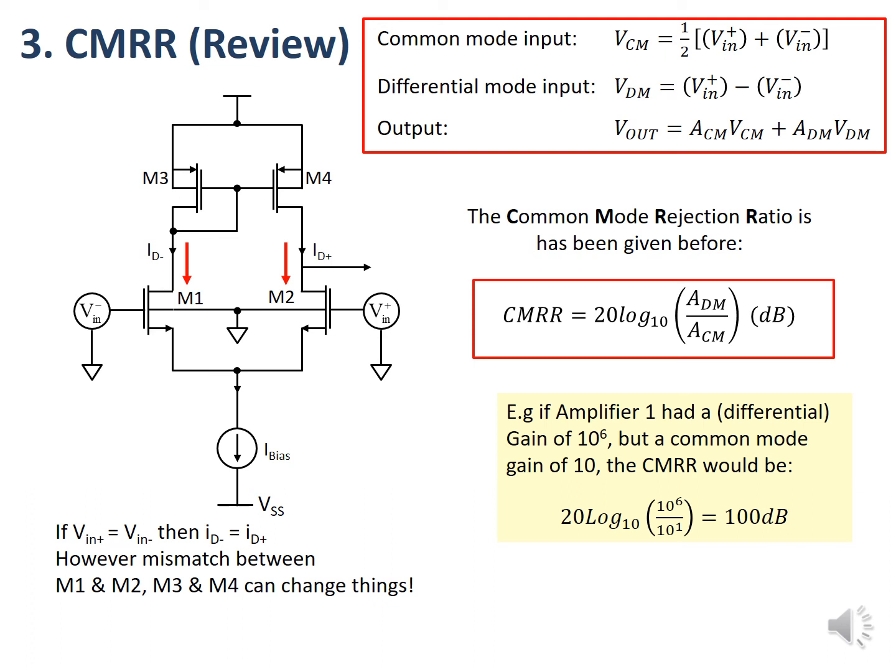So we want this common mode rejection ratio to be very high, and you can see that I've done a little calculation there, where my differential gain is 10 to the 6, but my common mode gain is 10. So I'm looking at a common mode rejection ratio of 100 decibels.